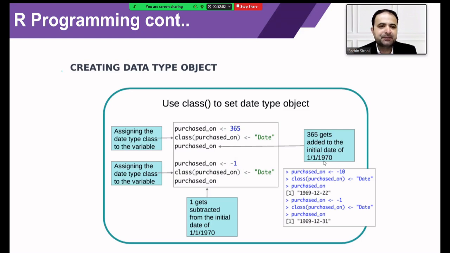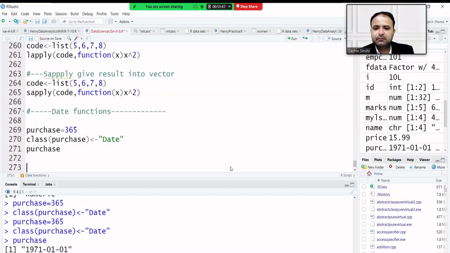Whenever I pass any days, it will be added to the initial date, 1970. So I want to pass minus 1. The initial date is 1/1/1970.